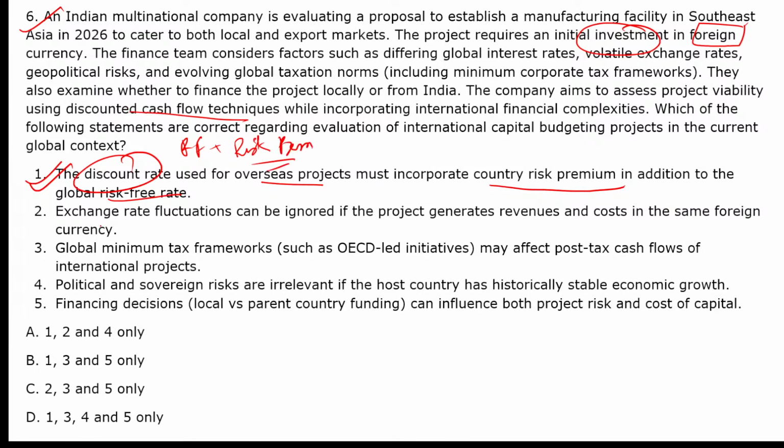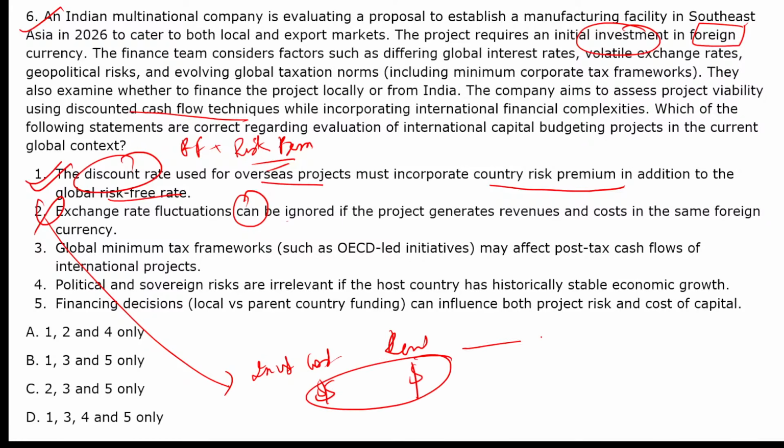Exchange rate fluctuations can be ignored in the projects if the project generates revenue and cost in the same foreign currency. If the cost and revenue are in the same currency, do you think you can ignore the current exchange rate fluctuation? No. See, this is incorrect. Why? Let's assume my investment, that is the cost, is also in dollars and the revenue that I will get is also in dollars.